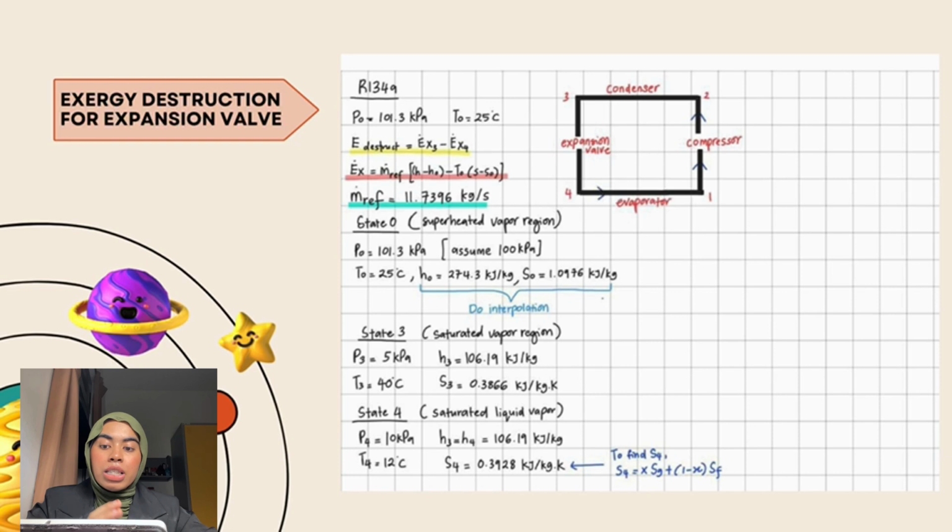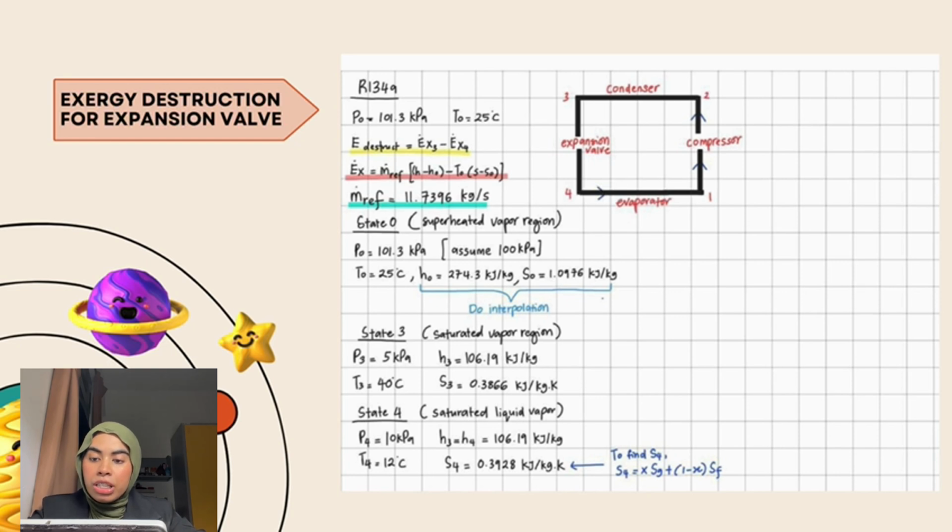Since the expansion valve is between state 3 and state 4, for exergy destruction we need to use the formula: exergy flow at state 3 minus exergy flow at state 4. P0 is given and T0 is also given, and the mass flow rate of the refrigerant is 11.7396 kg per second.